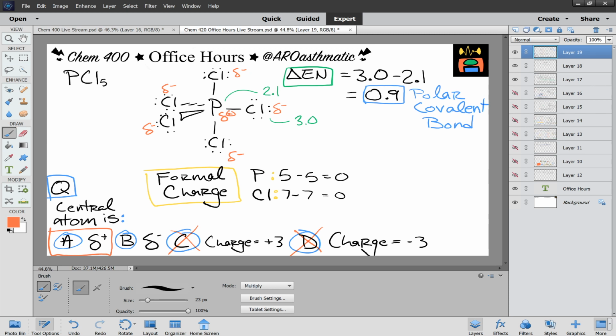Polar groups are hydrophilic because water is polar and like attracts like. Non-polar groups are hydrophobic because water is polar, so it likes polar things. If it's non-polar, we call it hydrophobic because it's afraid of water. Totally.